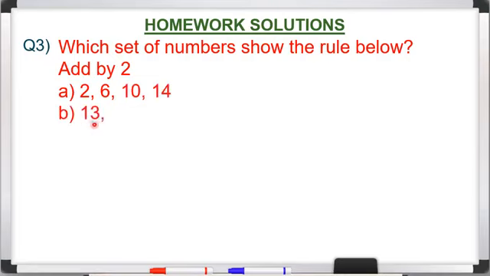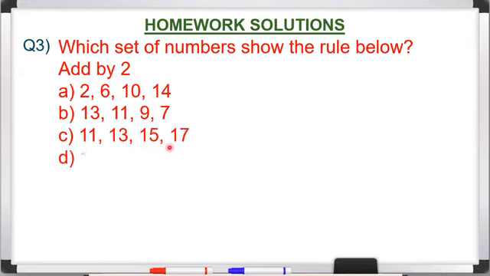Option B 13, 11, 9, 7. Option C 11, 13, 15, 17. Option D 10, 13, 16, 19. Okay, you need to select the correct option out of these given four options.